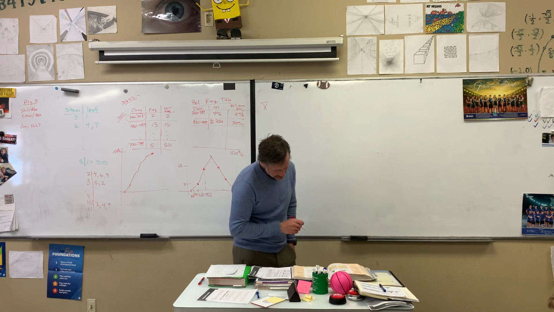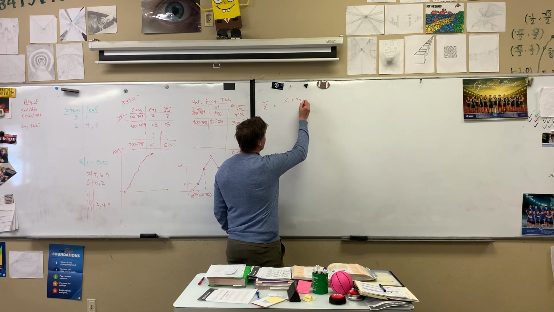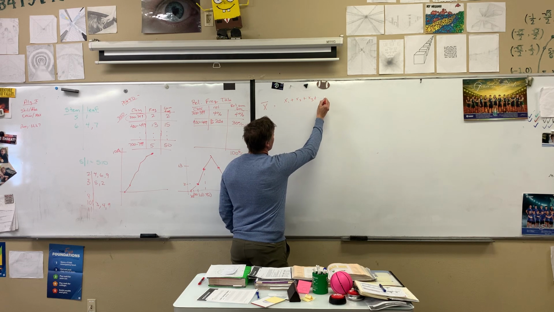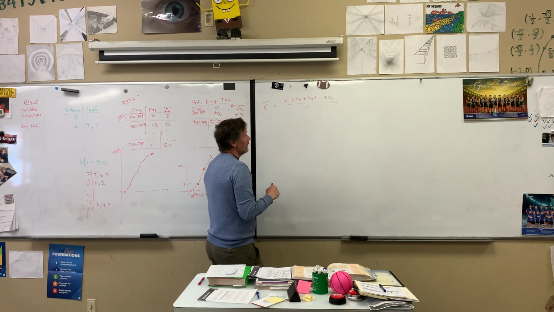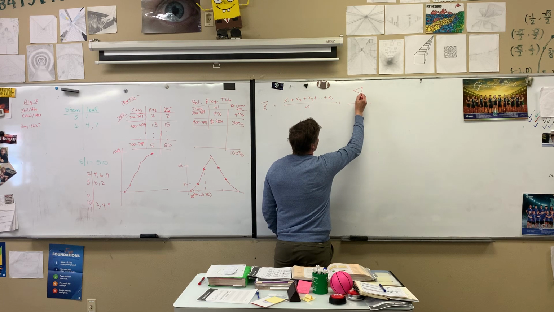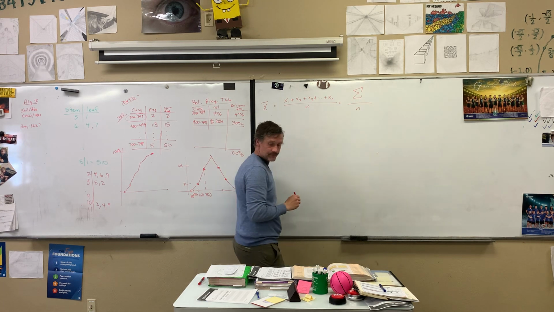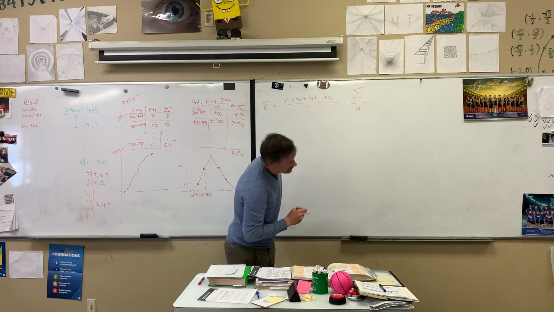They have this notation I just want to make a note of. They say this is x1 plus x2 plus x3 plus dot dot dot plus x sub n, all divided by, so if there's 50 terms, it'd be x sub 50. What kind of notation is this? Sigma notation. You don't have to memorize the sigma notation.